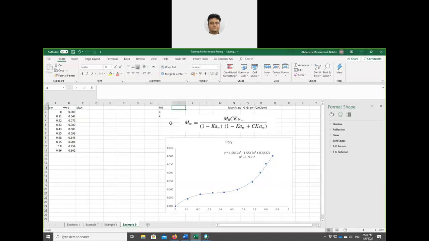As you know, M0 is the monolayer water content. Monolayer water content is around 0.1. For C, you can put 2 as the starting point. For K, we have the reference that K must be between 0 and 1.